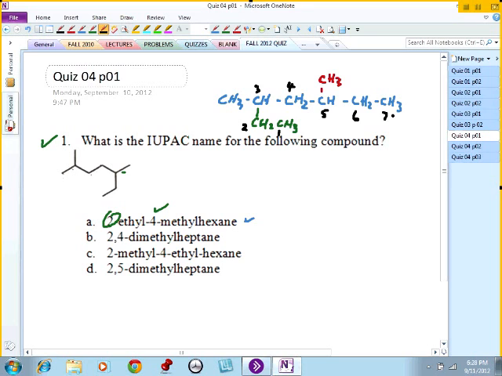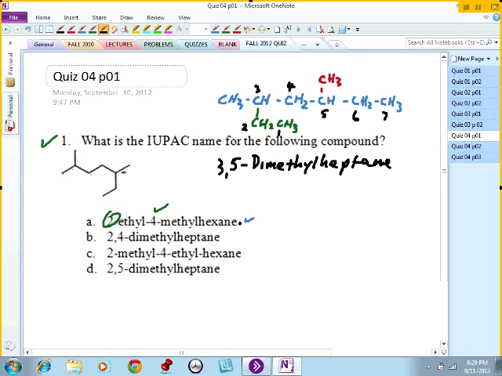So the branches will be in position 3 and 5. Is that right? So the name will be 3,5. Don't forget between the numbers you put a comma, then between number and name you put a hyphen. Dimethyl, heptane. Very good.